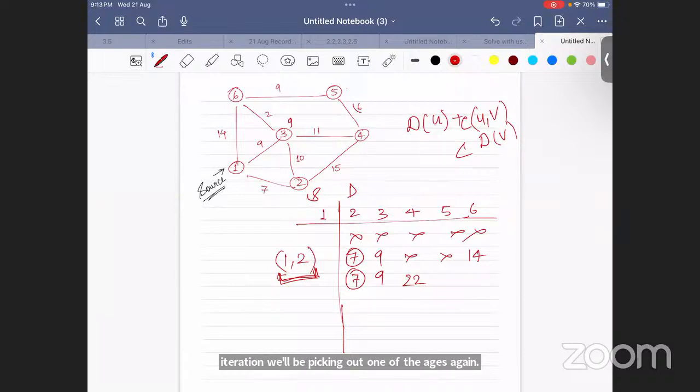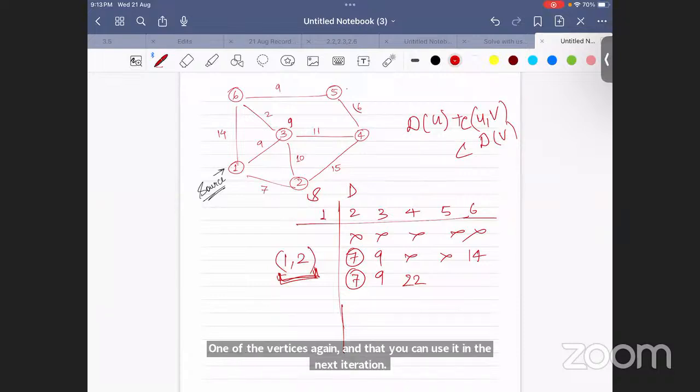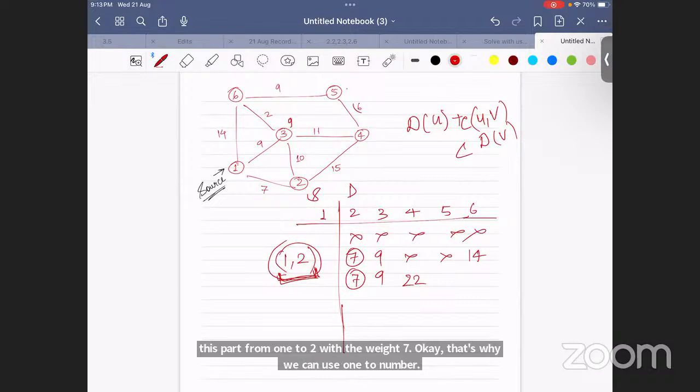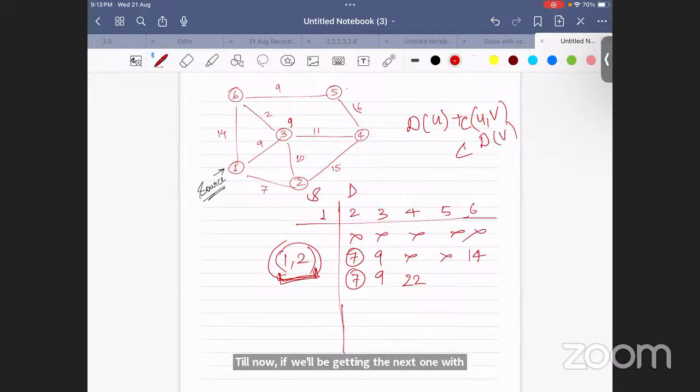Till now we have got the shortest path from 1 to 2 with weight 7, which is why we can use 1, 2 now. In the third iteration, using 1, 2, you can reach 4 with 22 as the weight.